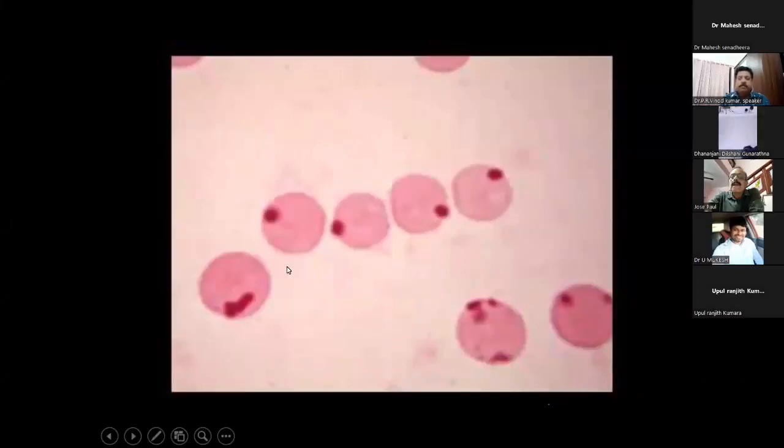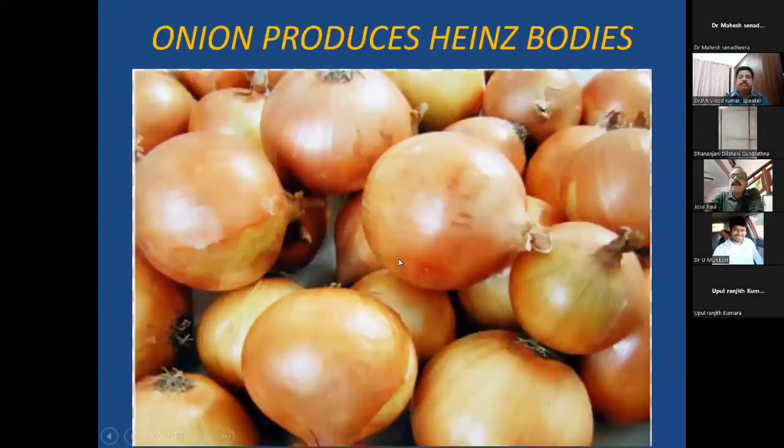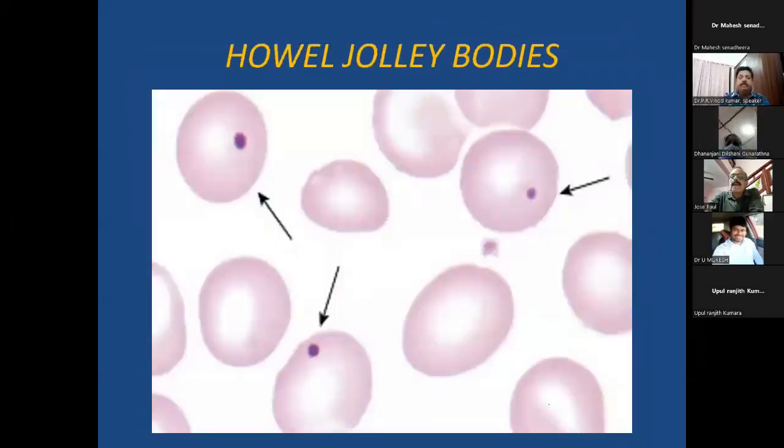It can be Anaplasma in the bovine, or it can be Babesia gibsoni. So don't get confused, because you can see raised surface particles. Here also you can see raised surface particles. Here also you can see. Otherwise, if it is Babesia gibsoni, you can see it only inside the cytoplasm. Onion poisoning can produce Heinz body anemia.